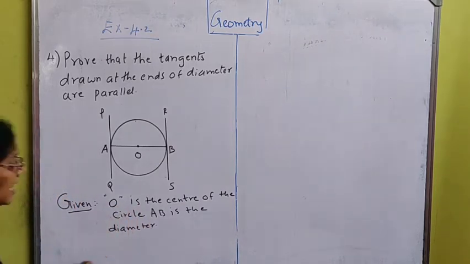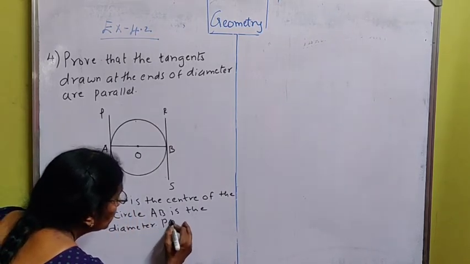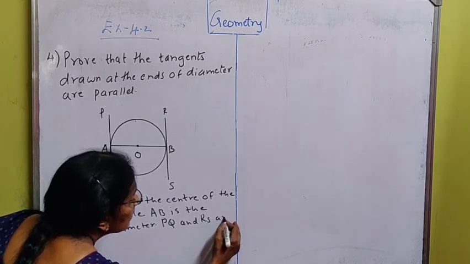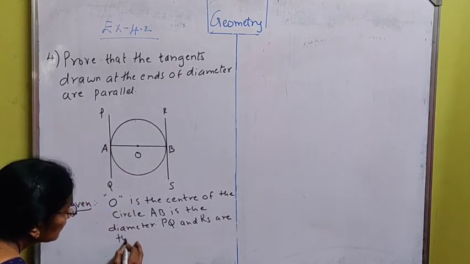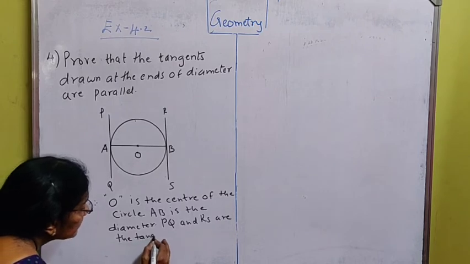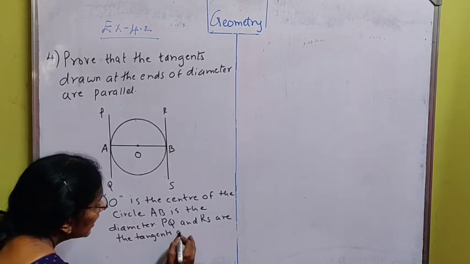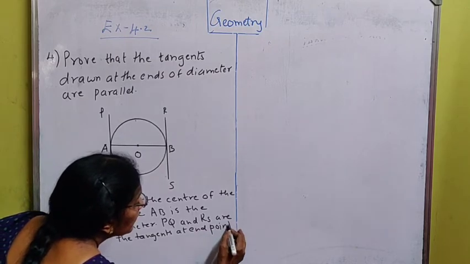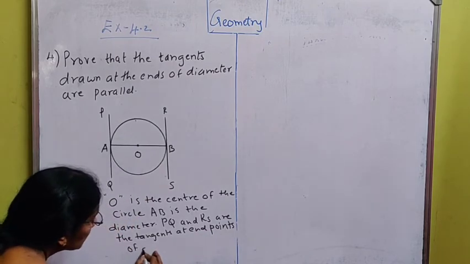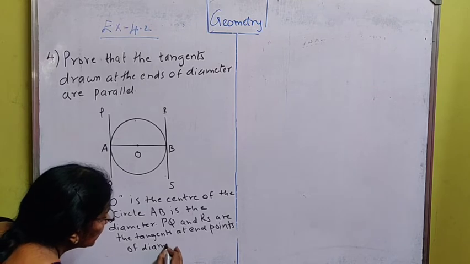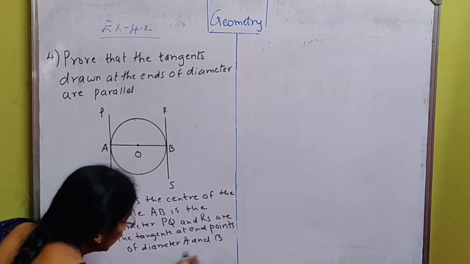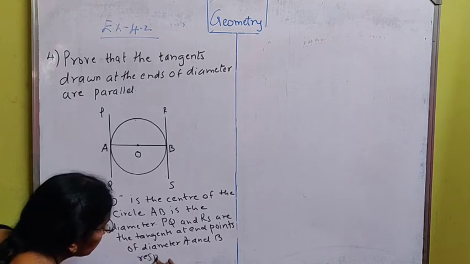PQ and RS are the tangents at end points of diameter A and B respectively.